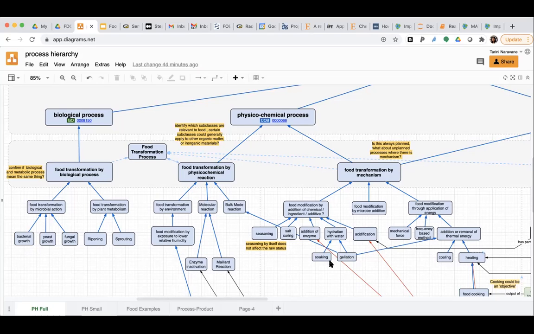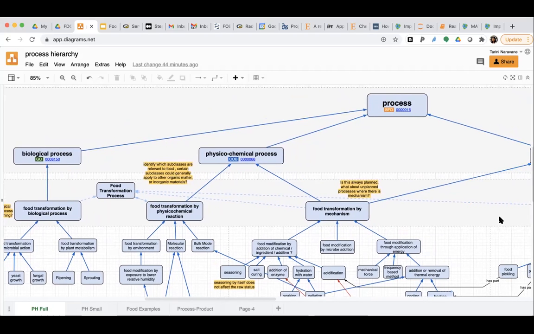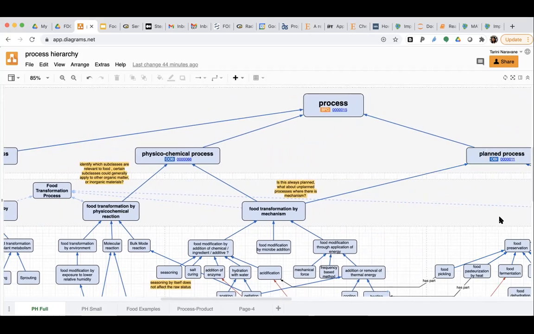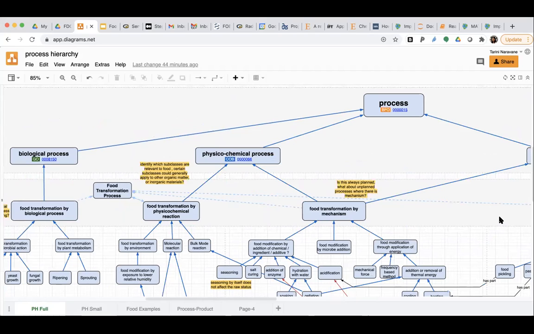I sort of put 2 tiers in this diagram, and so a question in challenging this hierarchy is whether this second tier, that at the moment has food transformation process as a node, is sufficiently granular or not, or we need more categories there. And whether food transformation by mechanism gets to be multi-homed right there or not, for example. So these are all things that I think could occupy some discussion time in the future.